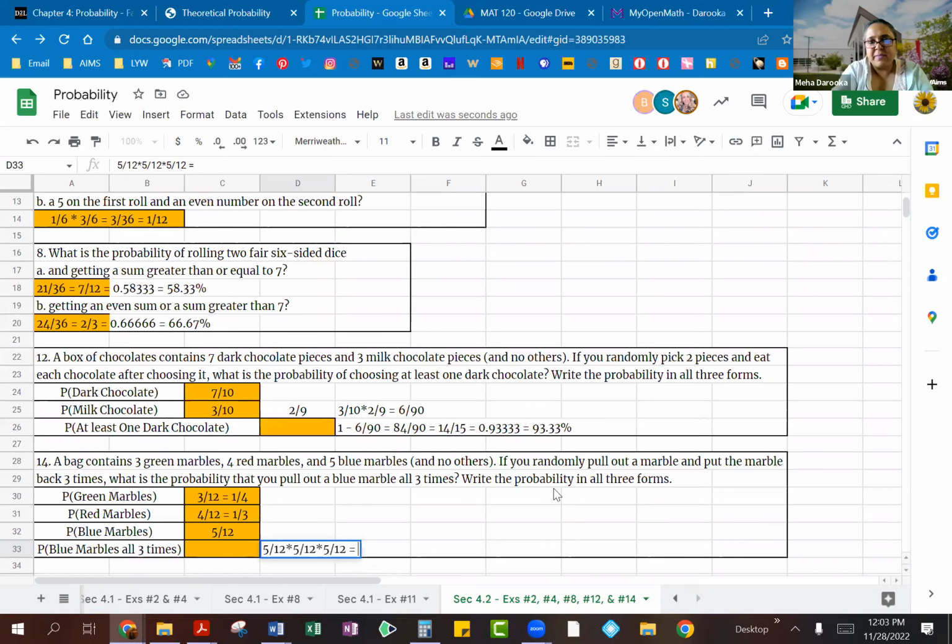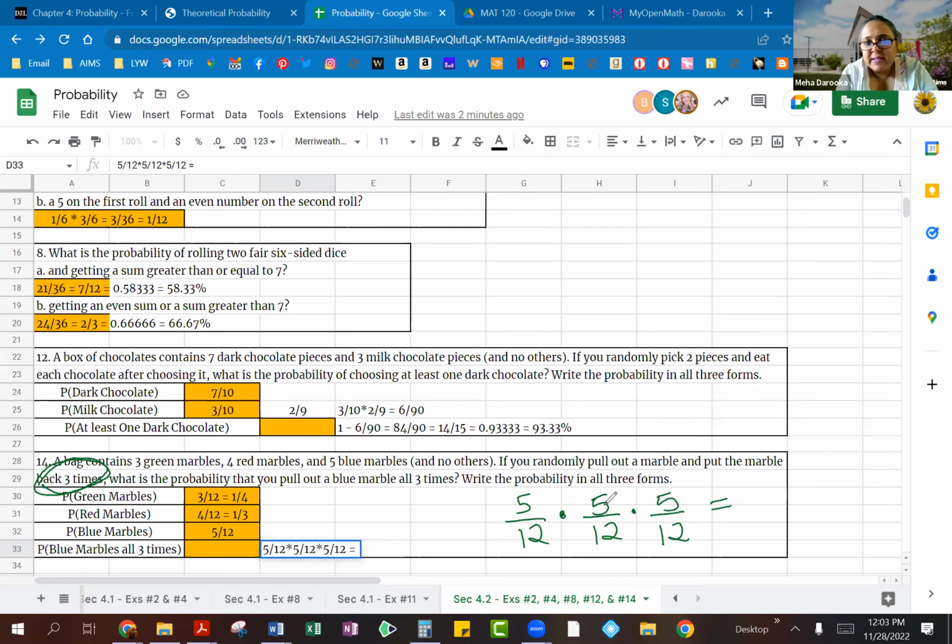Let me write that down a little bit better. You're basically taking 5/12, multiplying it into 5/12, multiplying it into 5/12, because they're telling you you are doing this 3 times. And that's why you multiply it 3 times.